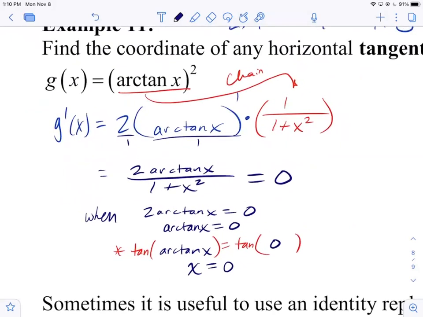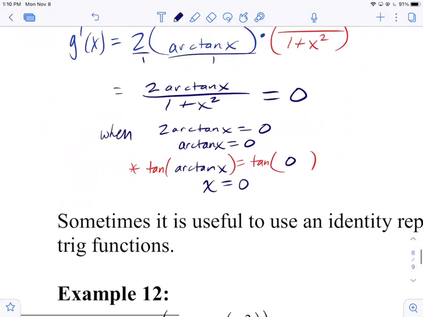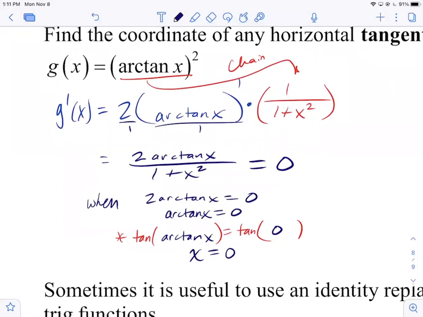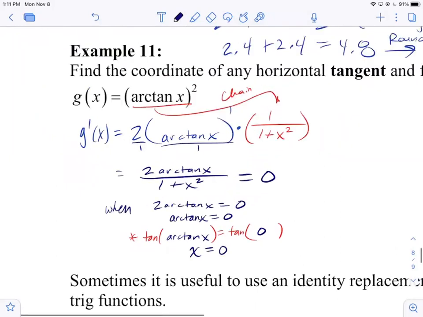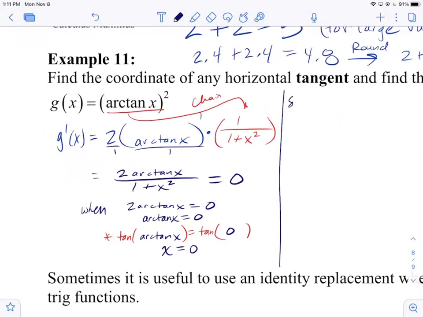So it says to find the coordinate. Co means sharing. So how do I find the corresponding y value? Plug it back into the original g of x, because that's your y value machine. So g has a horizontal tangent at 0, comma, and then if I do g of 0, that would be arctangent of 0 squared. Just plug it in for x.